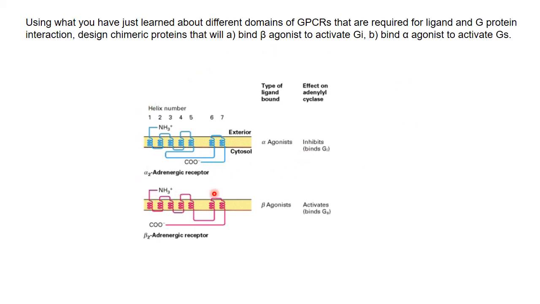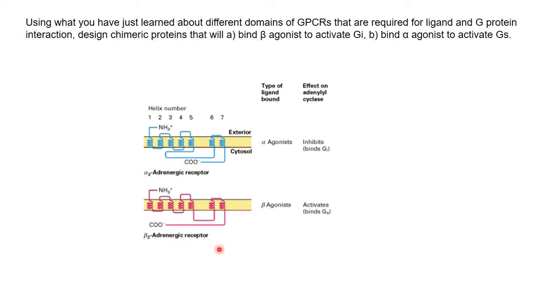So how would you use molecular cloning? You have these two different receptors, alpha-2 adrenergic receptor and beta-2 adrenergic receptor. The alpha-2 adrenergic receptor is activated by alpha agonist, and its downstream effect on adenyl cyclase, which is your readout, is to inhibit it because these are bound to inhibitory Gi.